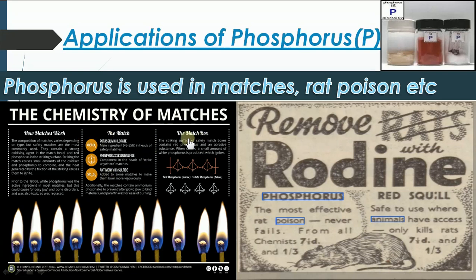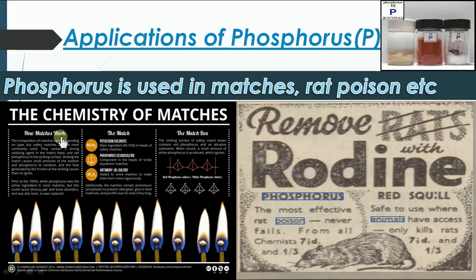And then the matchbox striking surface of a safety matchbox contains red phosphorus and an abrasive substance, which when struck, a small amount of white phosphorus is produced, which ignites. So that's what happens. When you scratch, immediately the matchstick catches fire with the matchbox because of these two reactions.